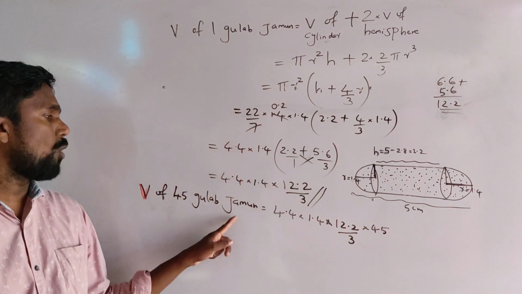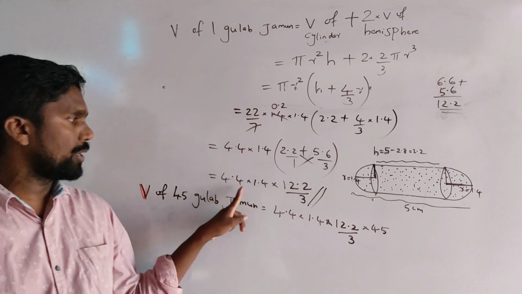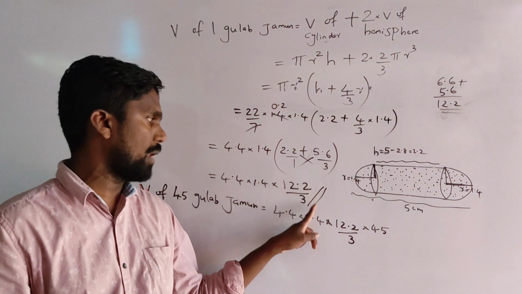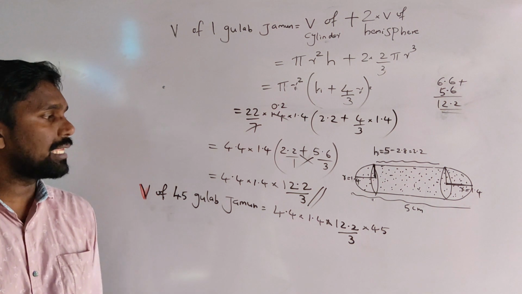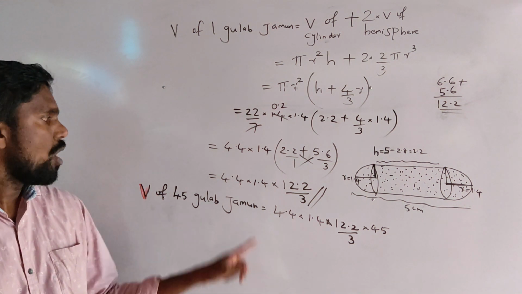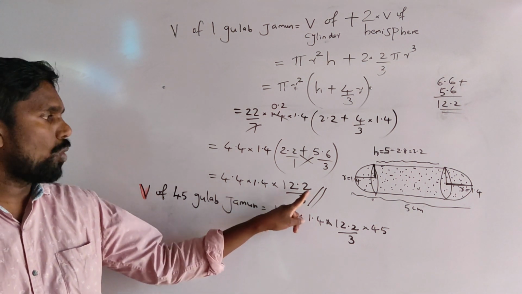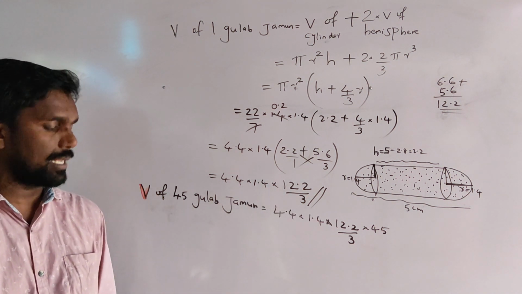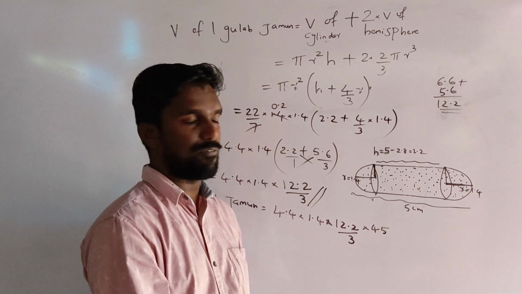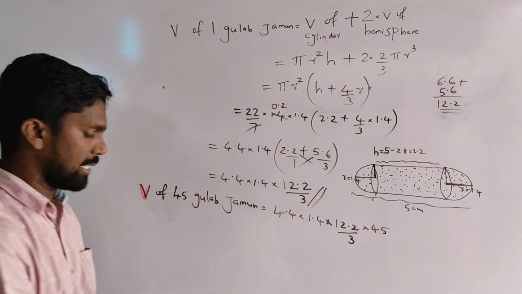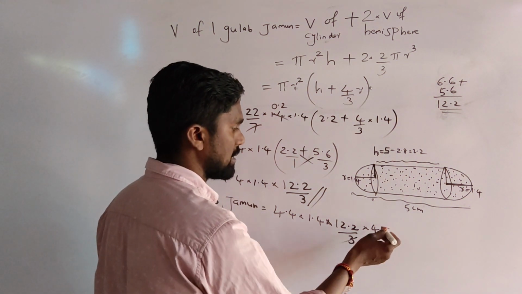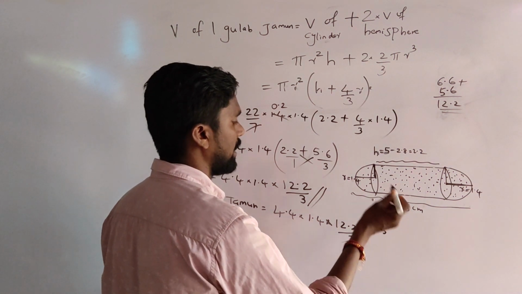The volume of 1 gulab jamun is 4.4 into 1.4 into 12.2 by 3, so 45 gulab jamuns is that into 45. You can cancel: 45 and 3 cancel, which gives 15.